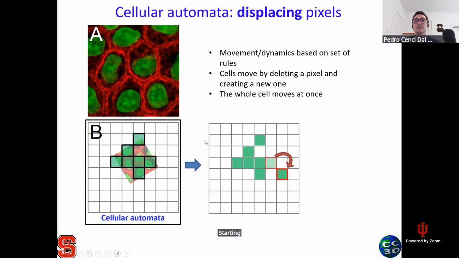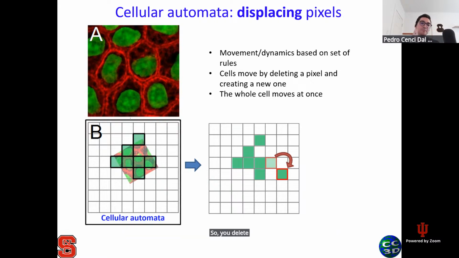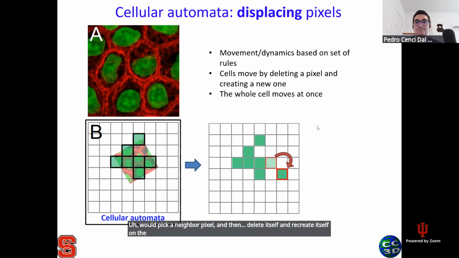Starting with the cellular automata, this is how the cells move in cellular automata. They basically displace. So you delete one pixel and create the pixel in another position. So for example, this cell here, which is this pixel, would pick a neighbor pixel and then delete itself and recreate itself on the other pixel.